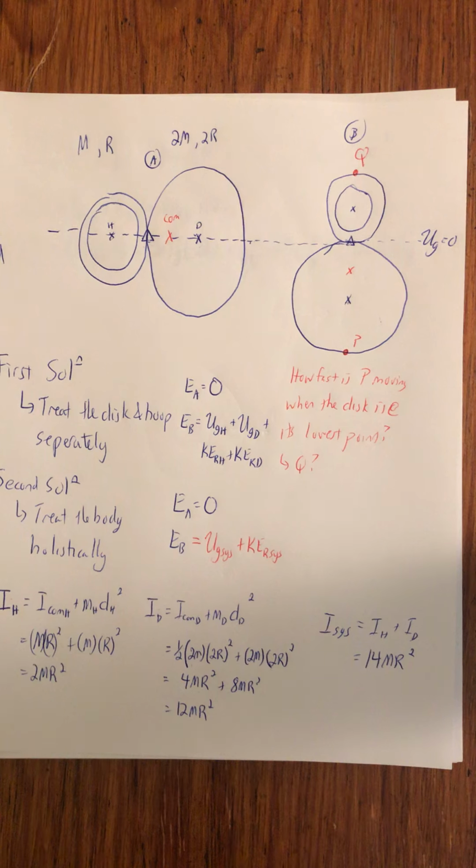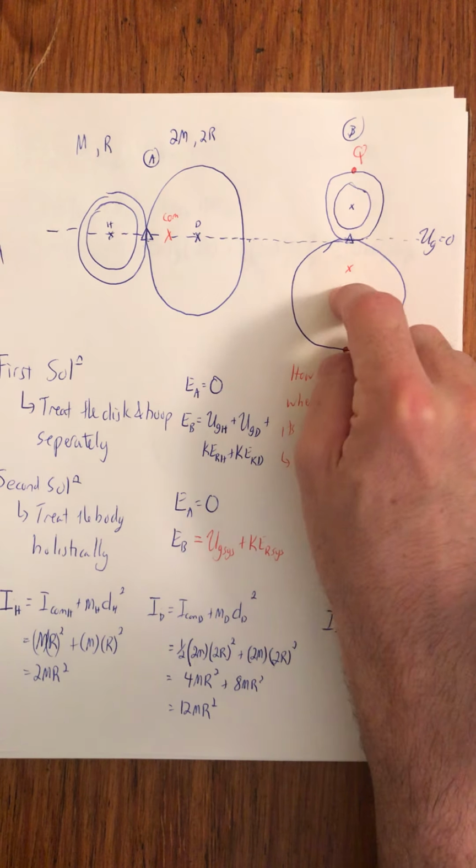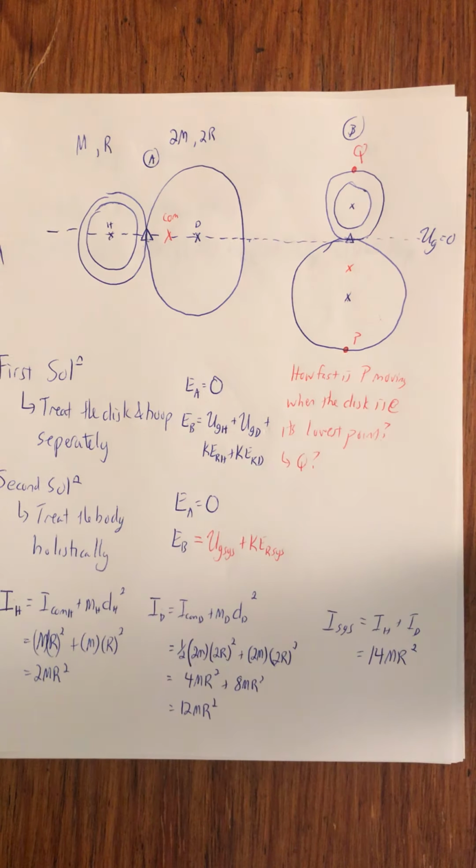Now, by now you should have noticed that the problem is asking for the speed of points. But at no point here have I even addressed that. That is because our analysis does not deal with points. It deals with a holistic, rigid, rotating object. The point P and the point Q do not have potential energy. The reason I'm able to talk about these points as having potential energy is because those are the potential energies of those whole objects holistically.